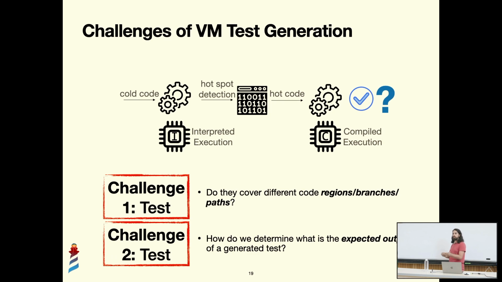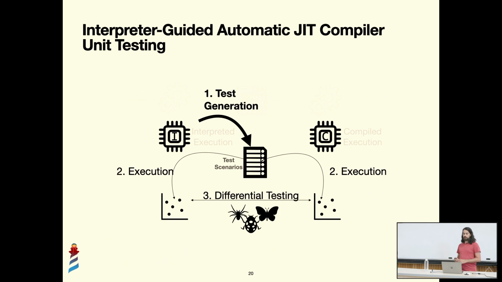I can generate programs that I can compile, and I know that they cover different paths. So how can I determine if they are actually being correctly executed or not? For that, we came up with a solution that we are using right now, and we are still improving it. We will improve it in the next years.